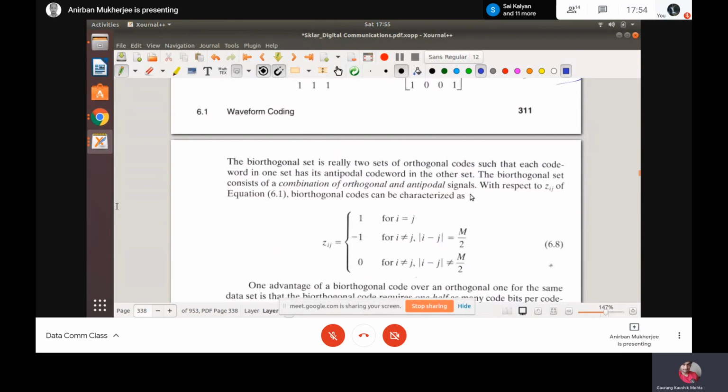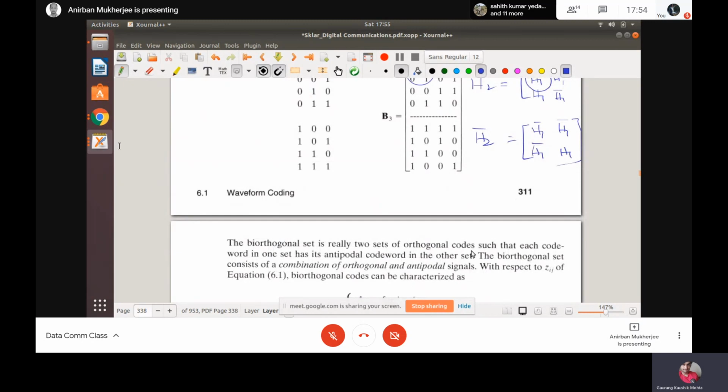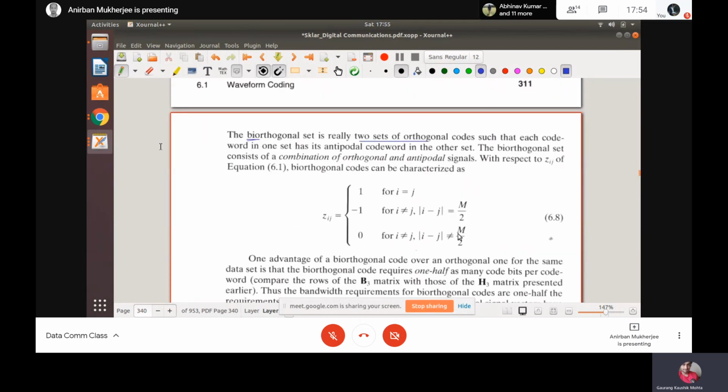In this bi-orthogonal one, when I have |i - j| equal to M/2, and when i equals j, the bi-orthogonal set gets 2 sets of orthogonal codes. There are 2 important things. Why the name bi-orthogonal? Bi means 2 sets of orthogonal codes. When i equals j, the value is 1; that is our general orthogonal set idea.